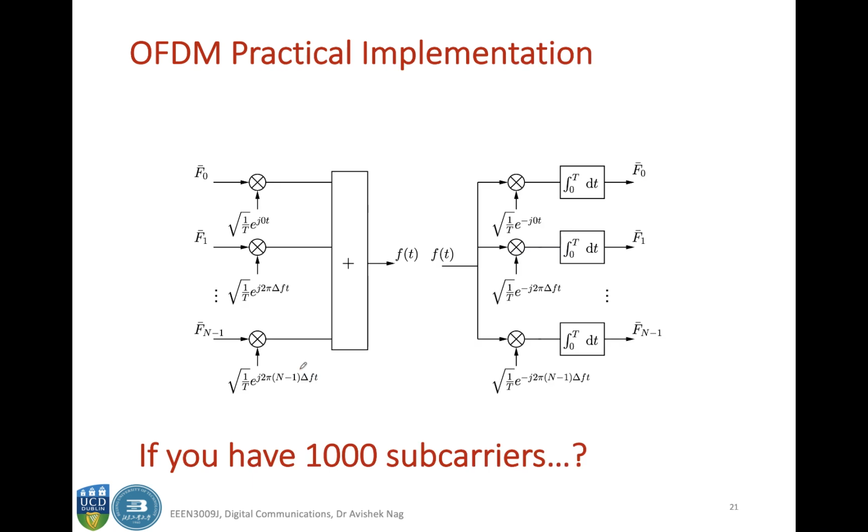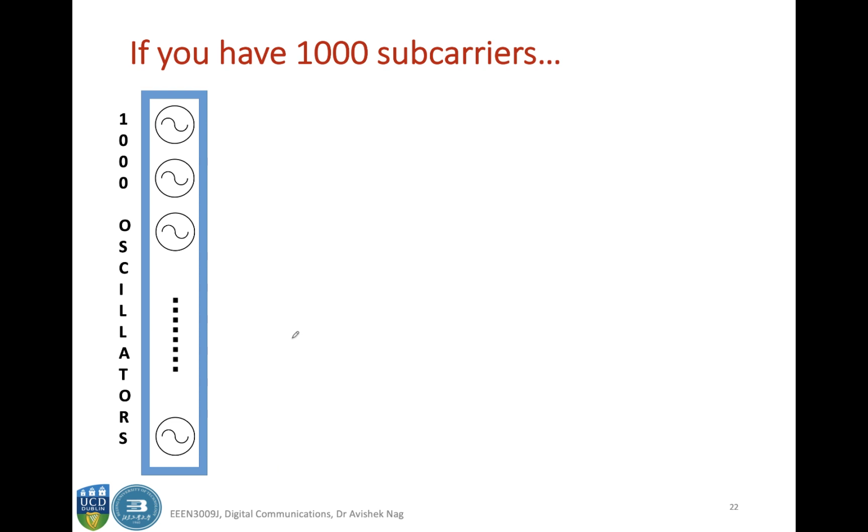So this is the implementation of OFDM. Now this capital N, what if this is more than 1000? If you have 1000 subcarriers, are you going to have 1000 branches like this? This is not very practical. If you have 1000 subcarriers, you need 1000 oscillators. Each of the subcarriers would be modulated by a different frequency, which is delta f apart.